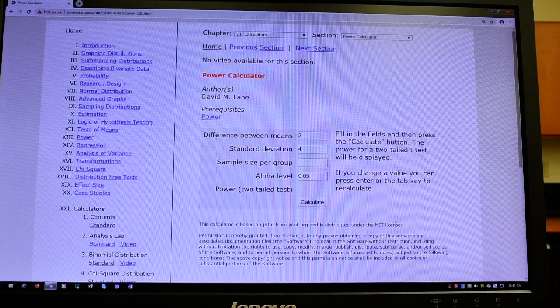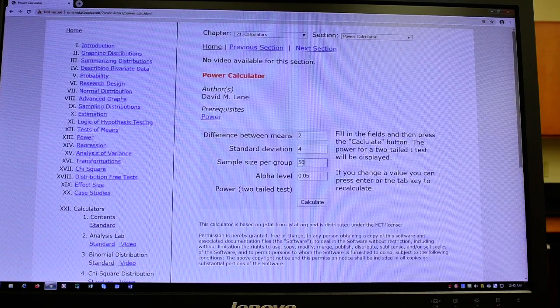Okay, so what I want to know is, let's say I do a study where I have 100 plants. How likely am I to reject a null hypothesis? So you have 50 per group, let's say. All right, so 100 plants total. Remember, they have to be equal for this to work. You hit calculate here. That gives you the power of a two-tailed test.